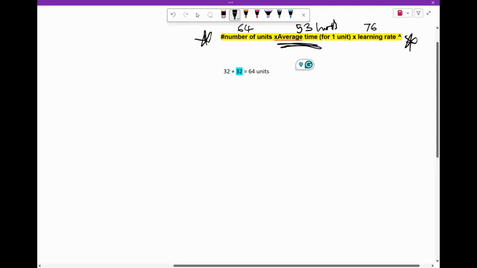But now we know that we have to raise to the power, isn't it? And we have to raise it in doubles. Remember? So for 2 units, it's going to be raised to the power 1. Remember, 2 to the power 1 is 2.